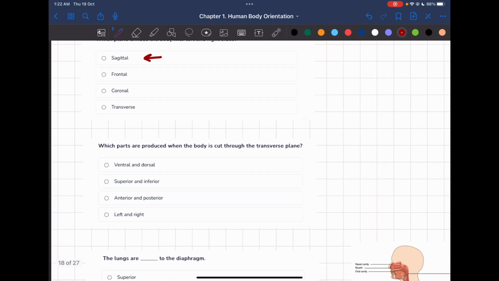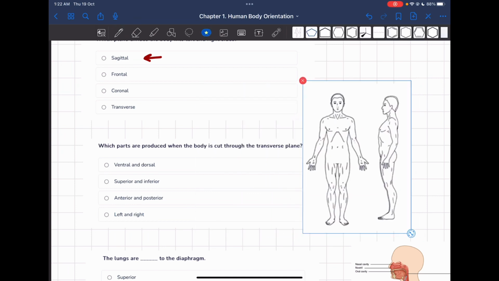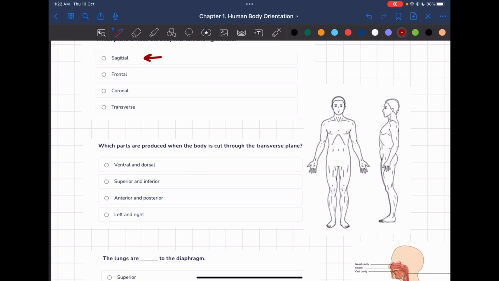Which parts are produced when the body is cut through the transverse plane? You know how transverse is like this, horizontal basically. Let me get my guy here to help me.